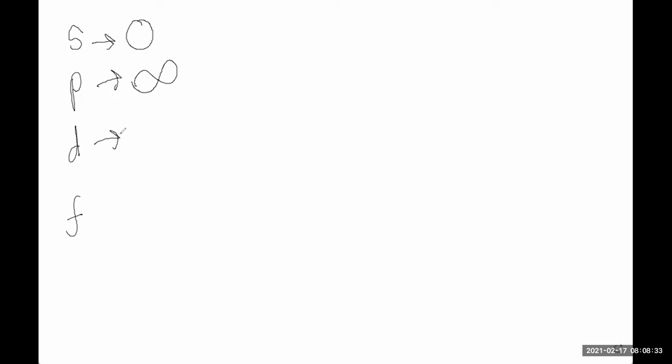Like two eights that overlap. Right, it's a four-leaf clover, so it looks like this. I'm so bad at drawing. And our F section is super complicated, so we can't even draw it.